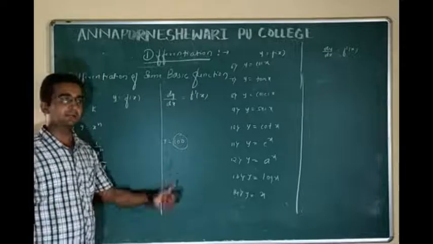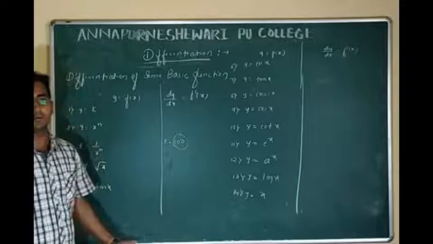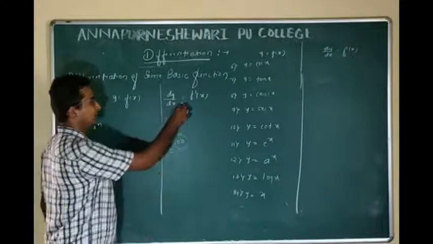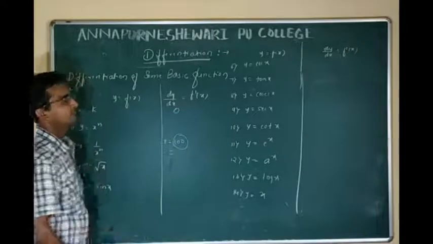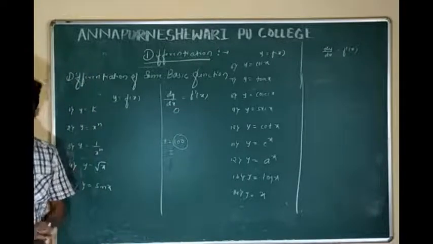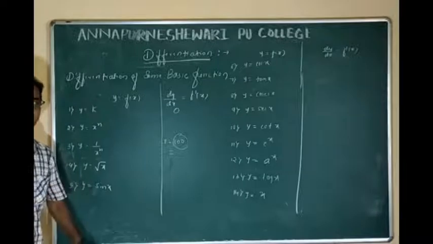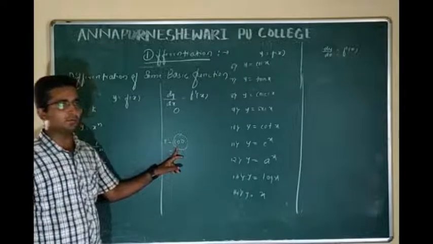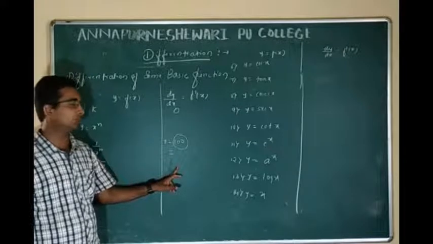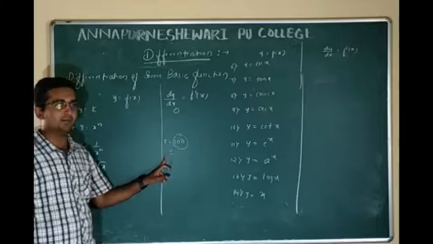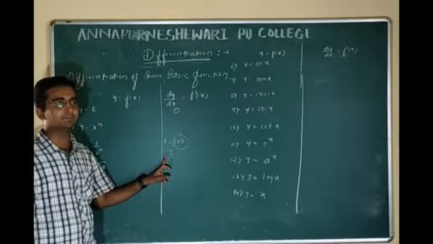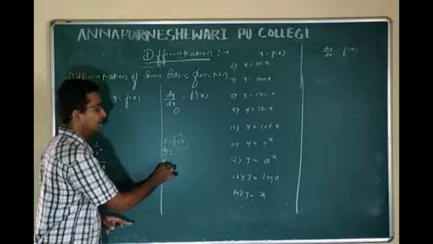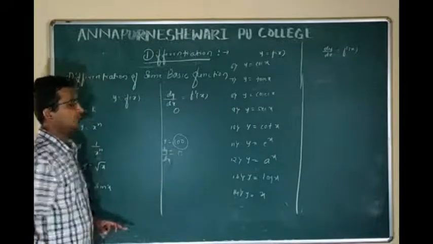No. So at that time we can consider this as a constant. So dy by dx should be 0. Without any hesitation, fear or confusion, we can write the differentiation of a constant as 0. If they give y, then we write the differentiation with respect to x: dy by dx is equal to 0.